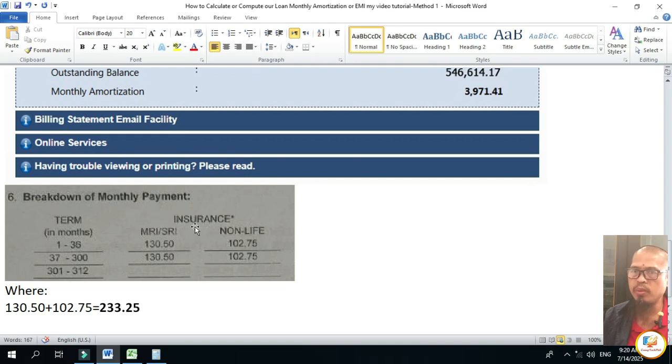in our notice of approval before we receive our housing loan. So we see here insurance, MRI insurance and non-life. So non-life insurance, that is the fire, I think. So 130.50 plus 102.75 equals 233.25.